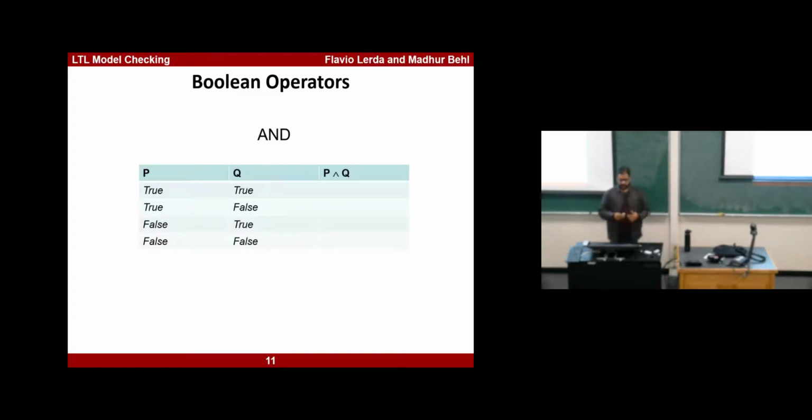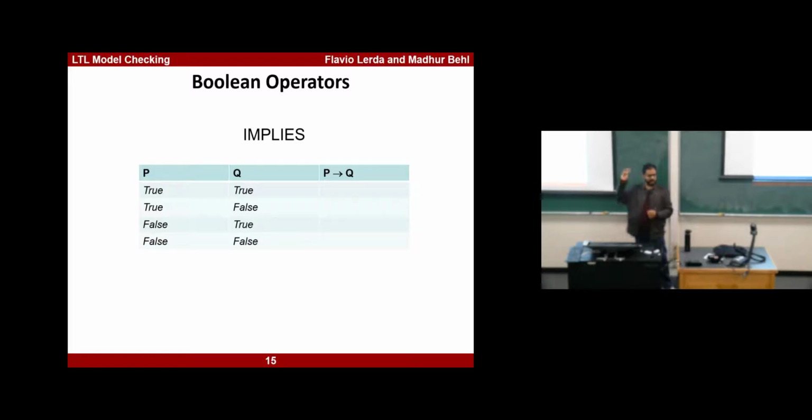Also, we have an operator called AND in Boolean logic, which is true only when both P and Q are true, otherwise it's always false, right? That's the AND operator. The OR operator is false only when both are false, otherwise it's always true. That's the OR operator, and you can very easily fill the truth table, as they call this, of these operations. And then there's an operator called implies as well.